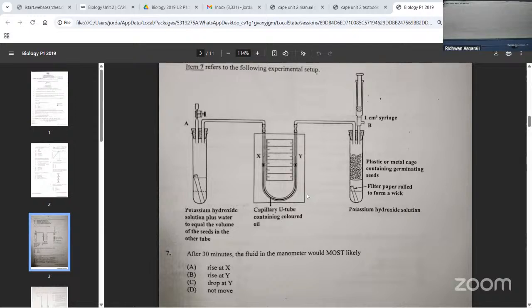So Emily can help us with this one. After 30 minutes, the fluid in the manometer would most likely. So you could take your time, Emily.